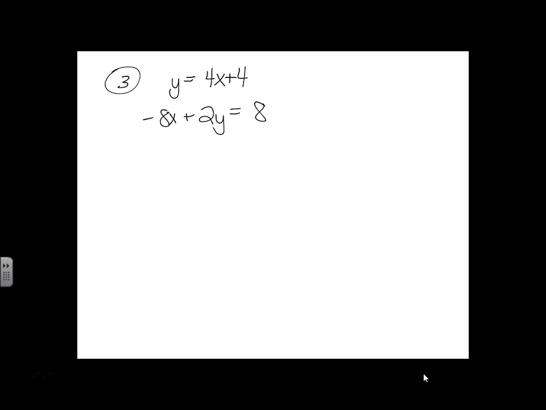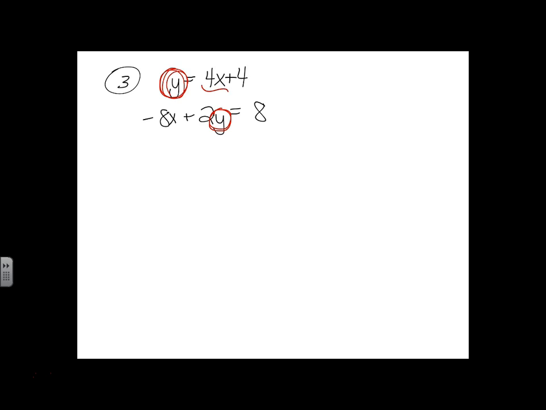I do substitution. Yeah, I think substitution also. Remember substitution? If you have something all by itself, like y, do you guys see how there's a y down here in this expression? And do you see how there's a y up here in this expression?